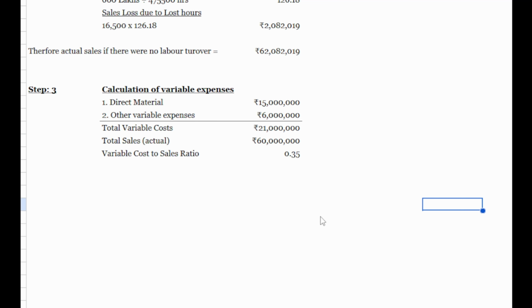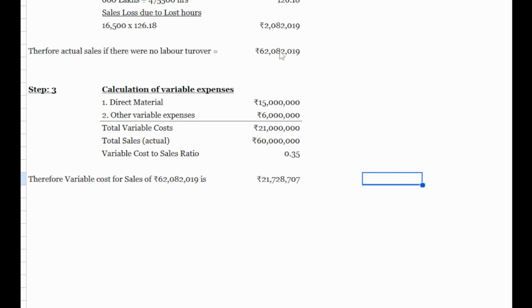This is the value of variable cost divided by the value of sales, which is 0.35 or 35%. So if sales is 600 lakh, our variable cost is 210 lakh. If the sales is 620 lakh, what will be our variable cost? You have to multiply this with 0.35. You will get the new variable cost, which is 217 lakh.